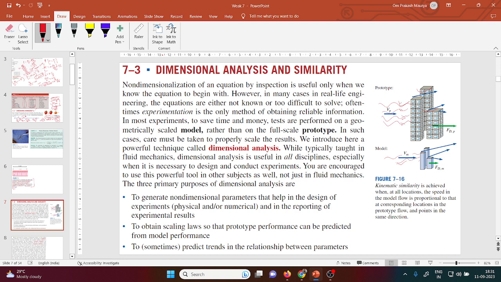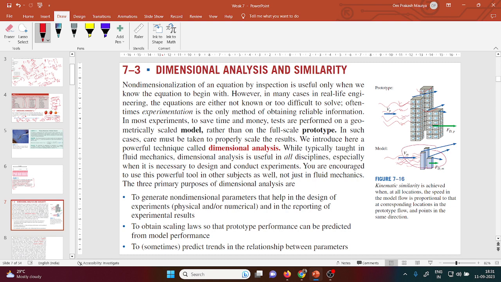But if you do the dimensional analysis, make the model and then study it, it is very cheap.